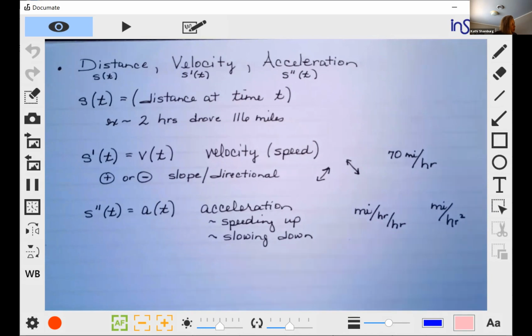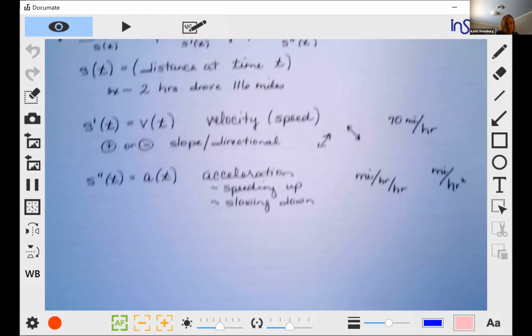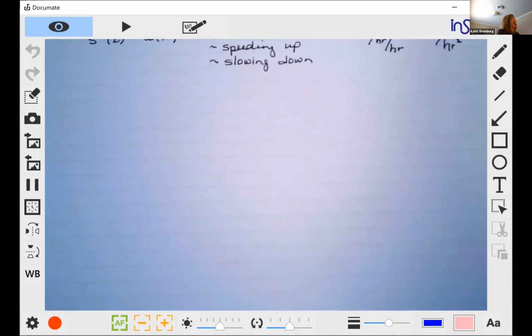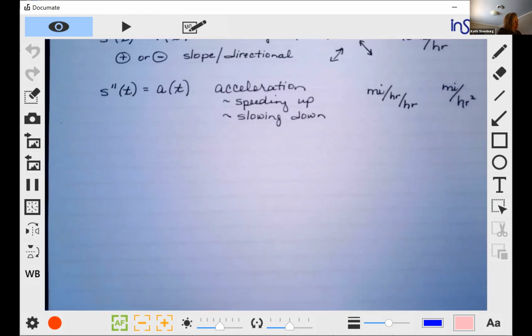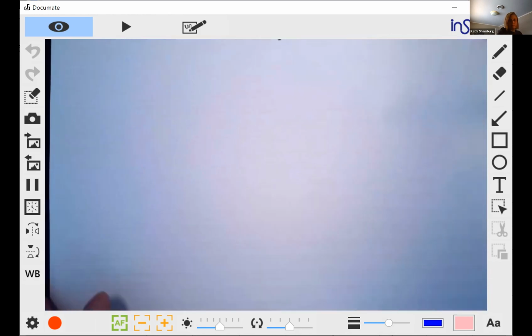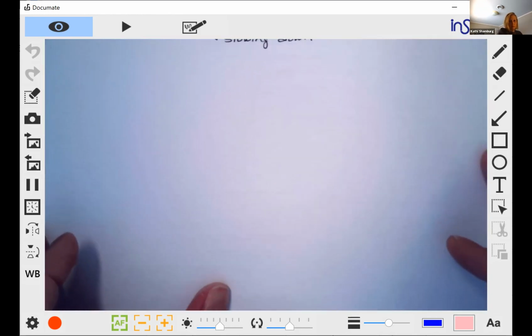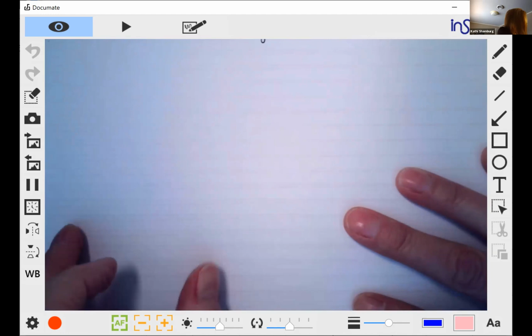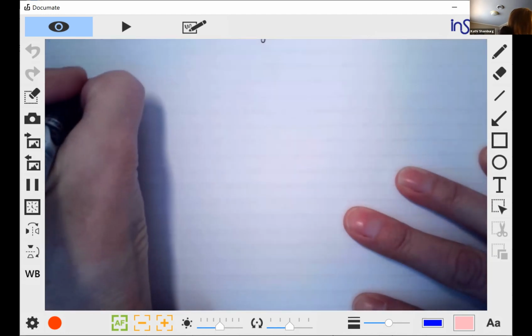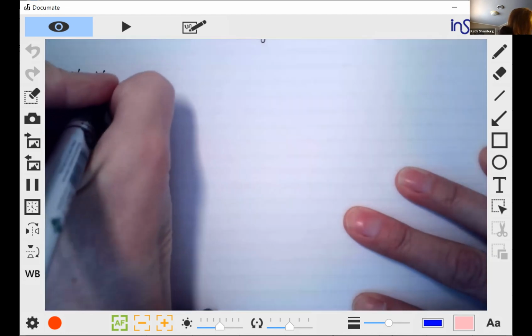All right, so we are going to do an example with distance, velocity, and acceleration. So what we're going to look at is the movement of a yo-yo.